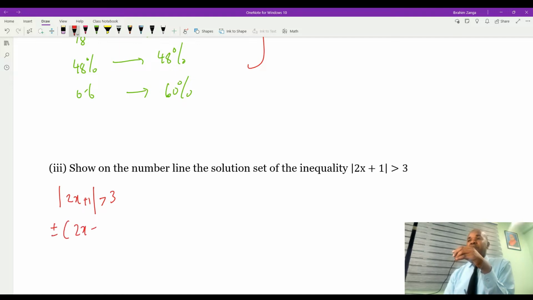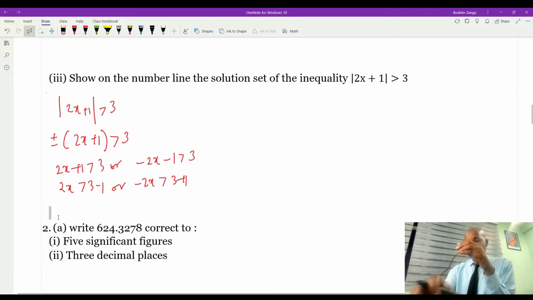You have 2x plus 1 greater than 3, or negative 2x minus 1 is greater than 3. Collecting terms, you have 2x greater than 3 minus 1, or negative 2x greater than 3 plus 1.